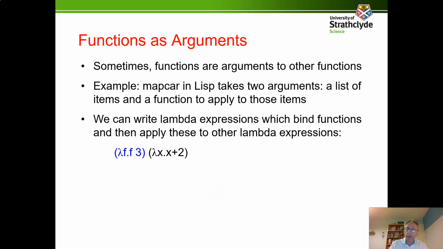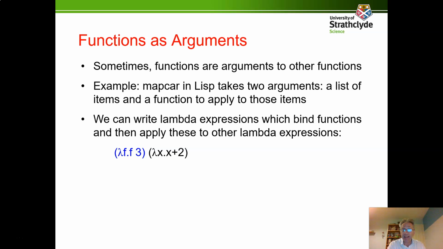Finally, we can also pass in functions as arguments to other functions. This is one of the things that makes functional programming really powerful. So in Lisp, which was my favorite programming language when I was a PhD student, there is a function called mapcar. It takes in 2 arguments.